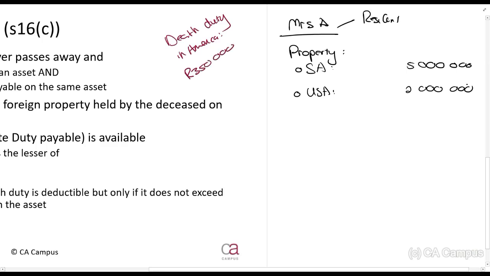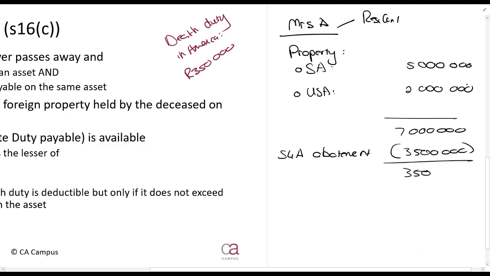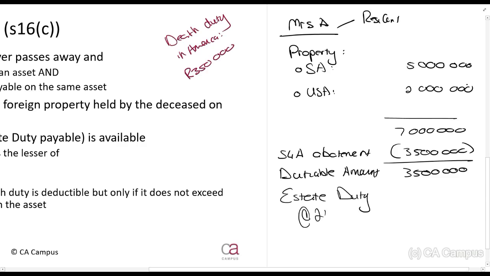So, what happens now? Here's the section 4A abatement. Right, so 700,000 rands.